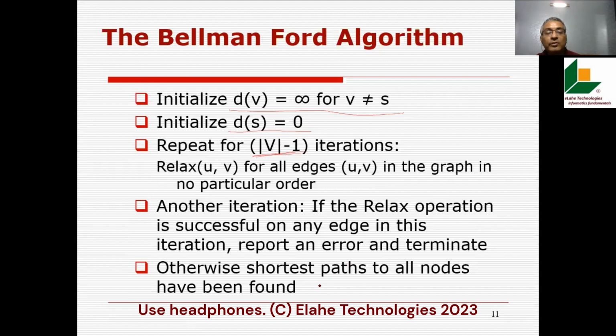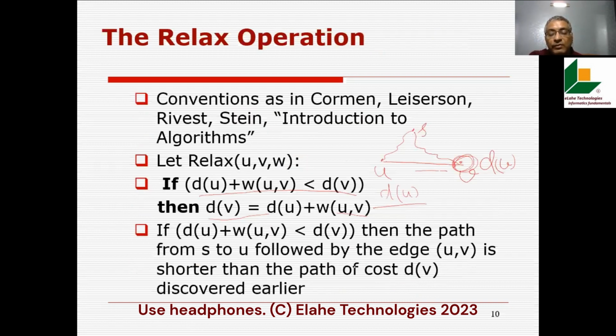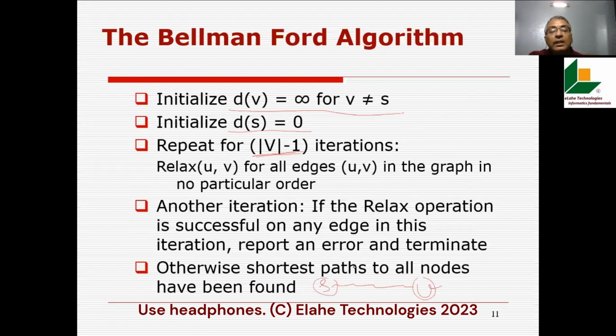We're trying to find the shortest path from the designated node S to all nodes, and at the end of the algorithm, the claim is all these paths have been found. If you look at the structure of the algorithm, it's remarkably simple. We have this function called relax UVW, which is applied on an edge, and we go ahead and apply this relax operation on all the edges in the graph.